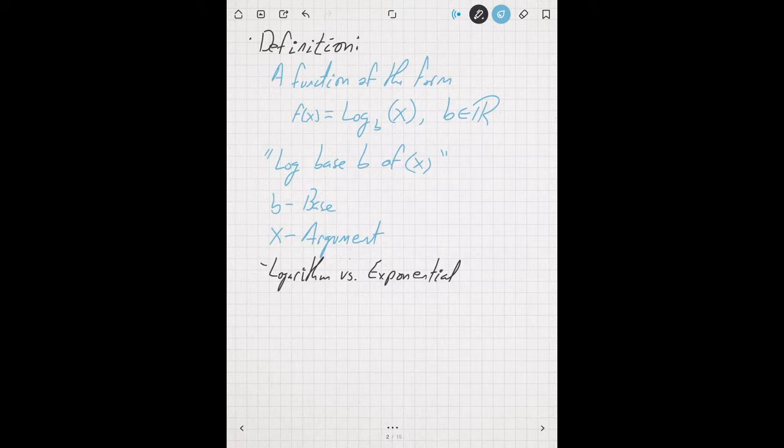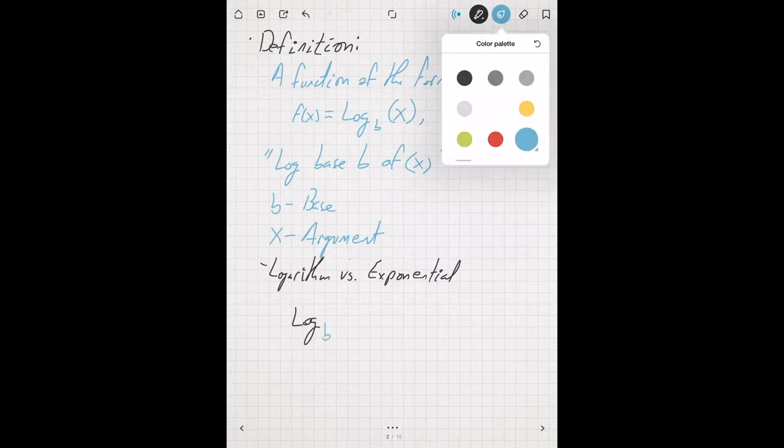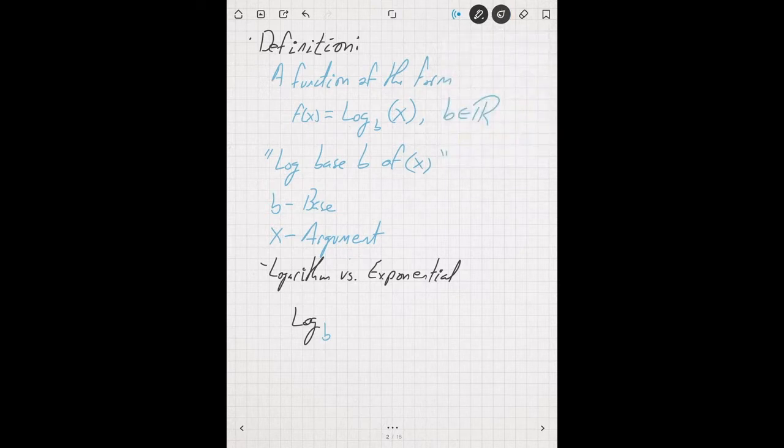Now, the logarithm is in fact related to the exponential function, and here's how. Let's say we are taking a logarithm. Let's say we have the logarithm, and I'm going to put the base in blue, some base, and let's put the argument as something like x.